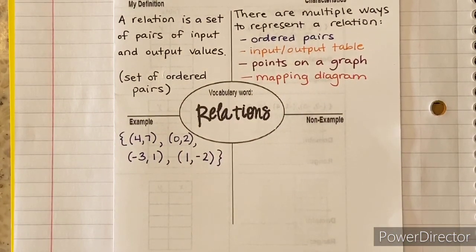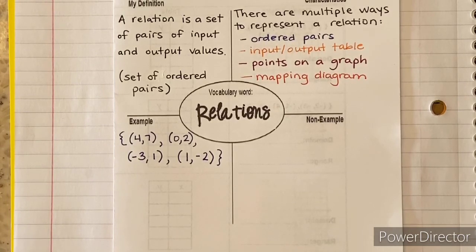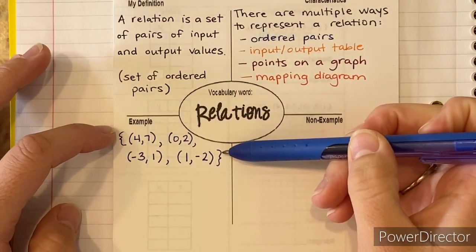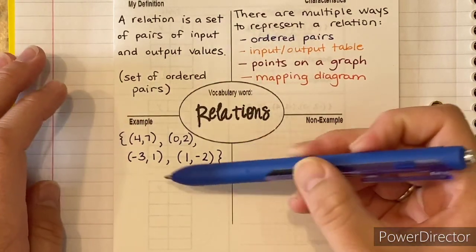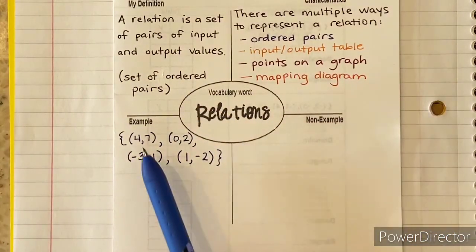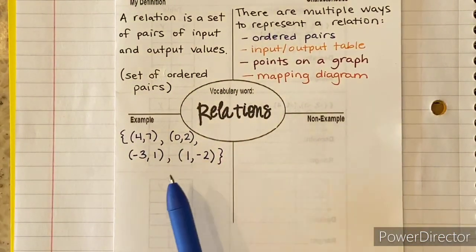Okay, so there's our set. And so remember, when you are talking about a set in math, that is these little squiggly brackets. Do your best to draw them. So in this specific set we have 4 ordered pairs. So this would be 4 dots on a graph if we were to graph them all.